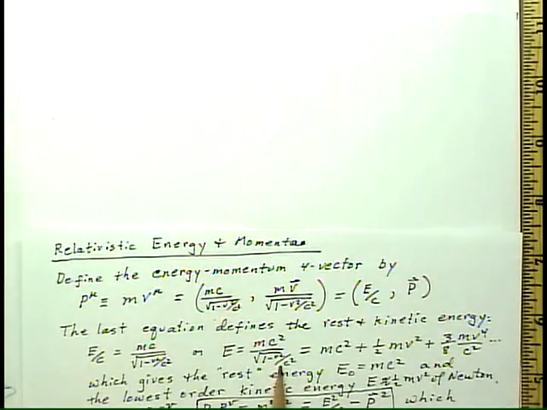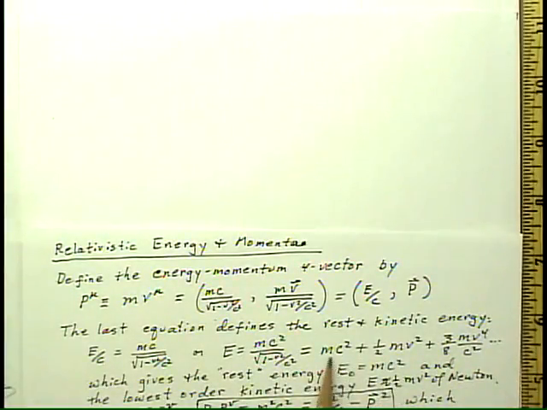We can expand this lower term by the binomial theorem, and the reader should do that, by taking this and writing it as 1 minus v squared over c squared to the power minus 1/2, representing the division for minus and the 1/2 for the square root. And if you do that, you'll be able to get all of these different terms. The first term, of course, in the binomial expansion is just mc squared itself.